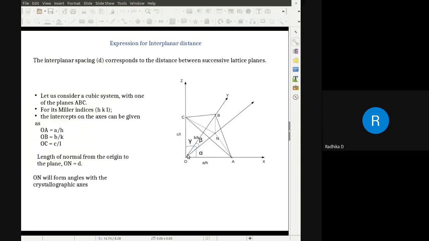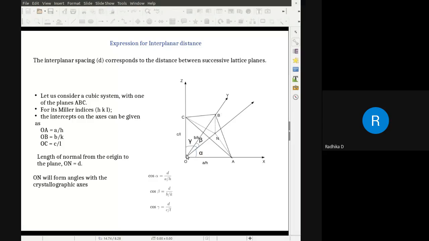Cos alpha will be adjacent by hypotenuse, that is ON by OA. ON is the interplanar distance D, OA is A by H. So you get cos alpha as D divided by A by H.